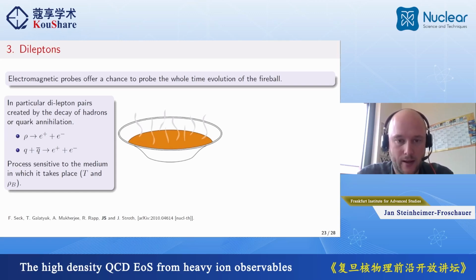Since these particles interact only electromagnetically, they don't really feel the medium around them, so they can immediately escape. By this, I can study the properties of the system at a very early time, because hadrons only probe the final state properties of the system.